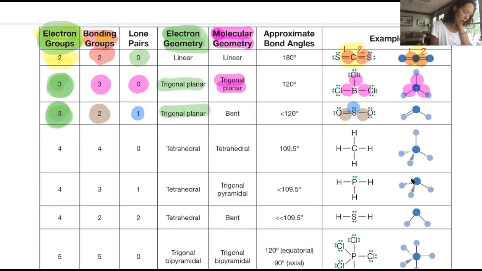It is no longer trigonal planar, it is bent. And the reason it has bent itself is because it is minimizing electron repulsions.